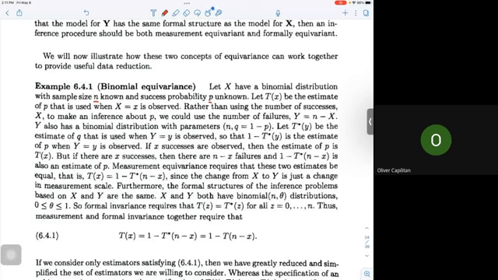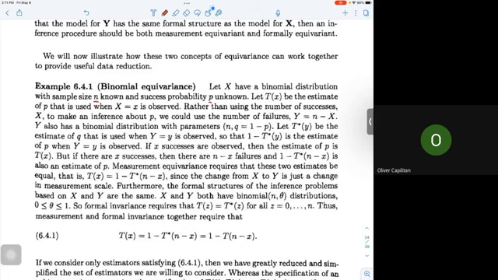So instead of using the number of successes to estimate the probability of success p, to make an inference about p, why not use the number of failures? We can now express y. We have this transformation for x: y is equal to n minus x.